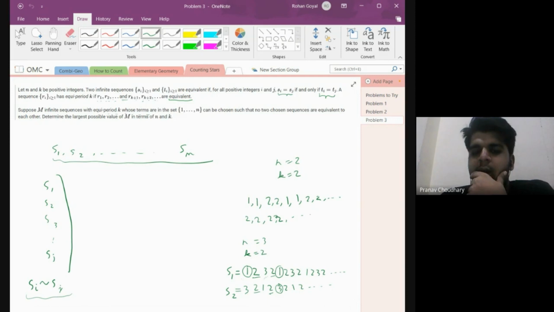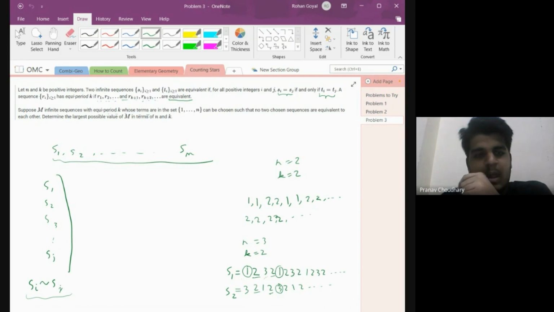Also, I think we can show that if a sequence has equiperiod k, then if you consider the sequence Ri where i is greater than or equal to k plus 1, that sequence is also equiperiod k, right?